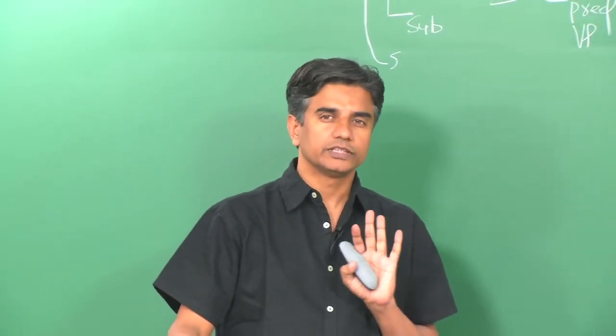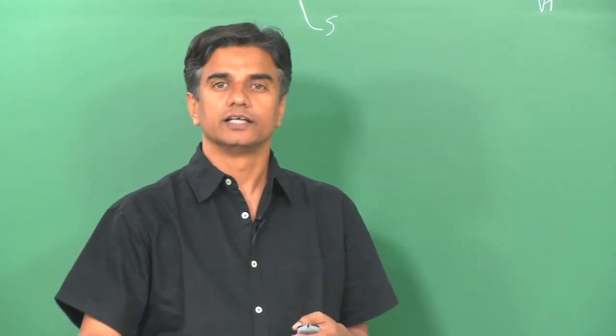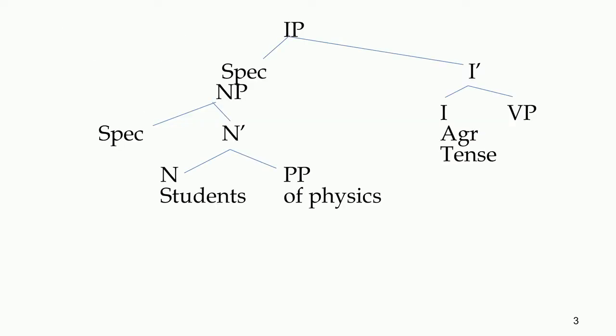So this is pretty clear, and we would want to also understand, are there things that we can say about the differences of the two. Just to remind you how a structure of a sentence looks like, this is the template, and in this structure we are still working with a sentence that we started with: students of physics like pizza in the evening.